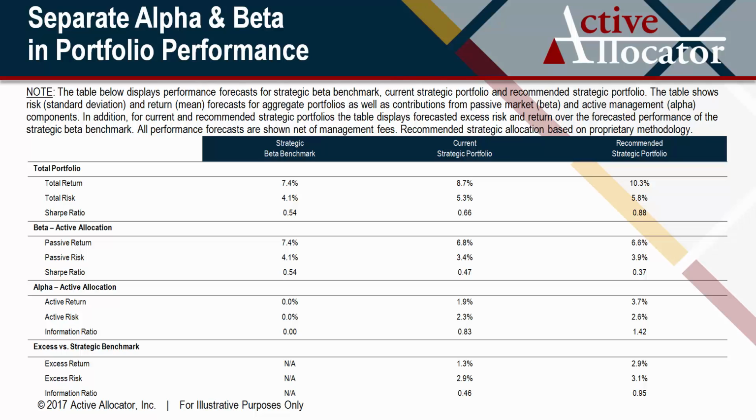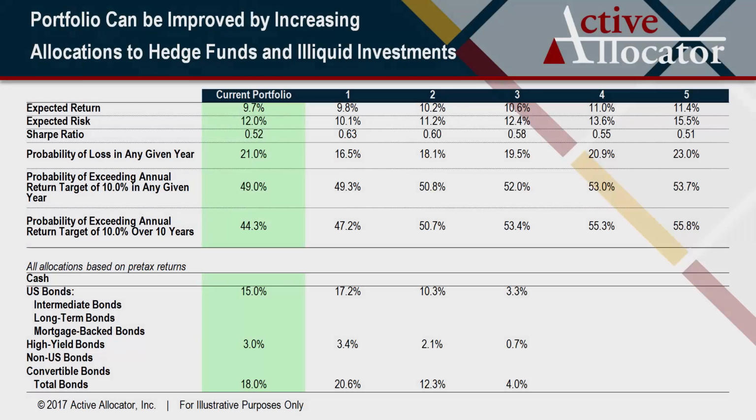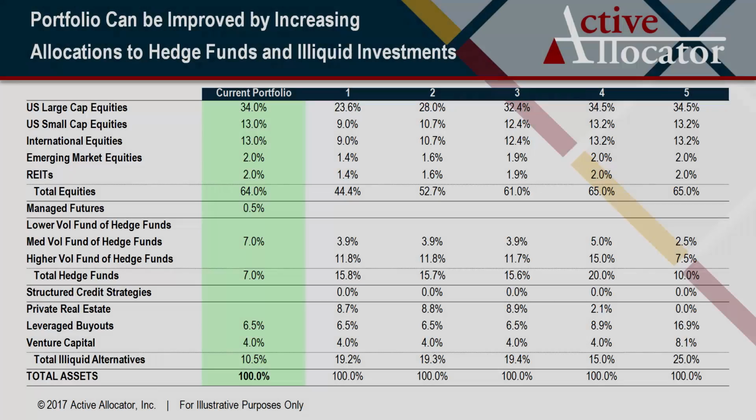We let you create the right mix of passive and active investments if you want to. We help you quantitatively demonstrate to your clients the accretive aspects of illiquid investments and actively managed funds.